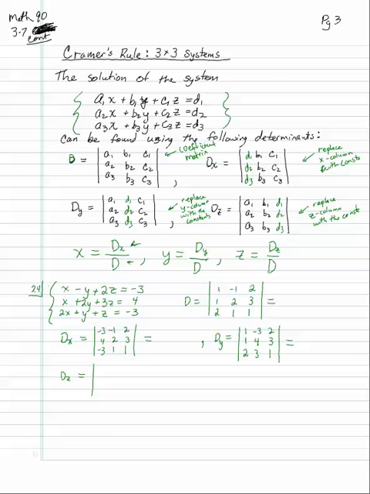D sub z is, we're going to leave the first two columns of D alone, the coefficients, and take the Z column out and put in the constants, which is negative 3, 4, negative 3. And again, I'll work this out on scratch paper.